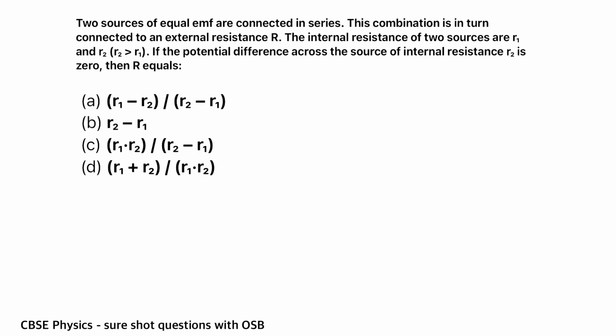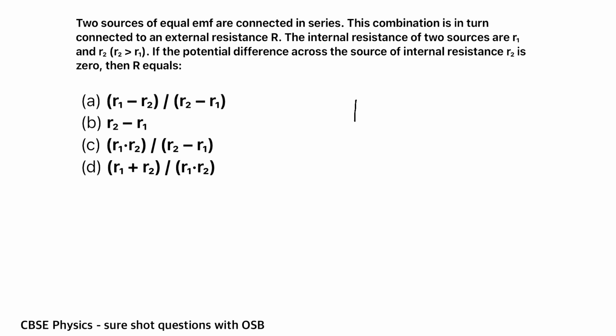Two sources of equal EMF are connected in series. This combination is in turn connected to an external resistance capital R. The internal resistances of the two sources are R1 and R2.